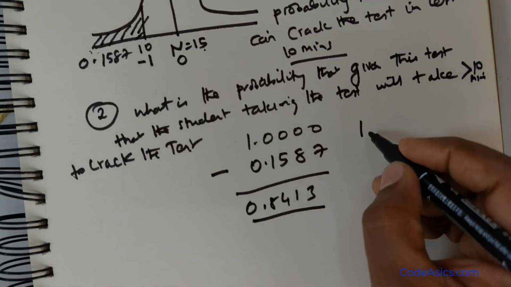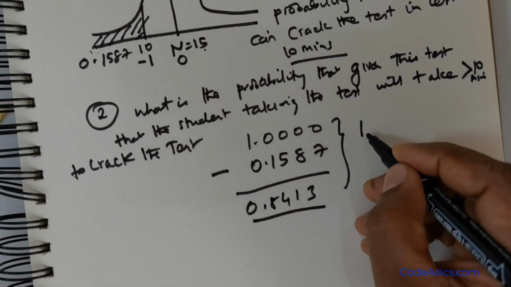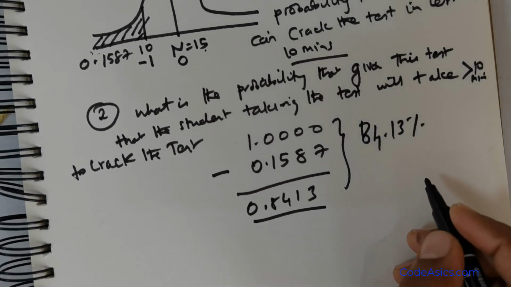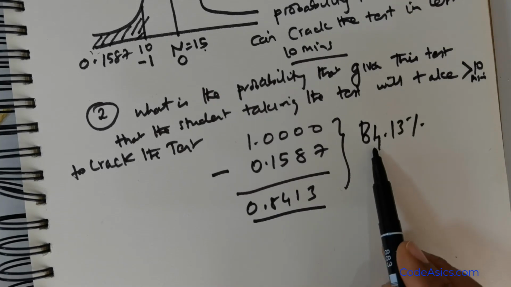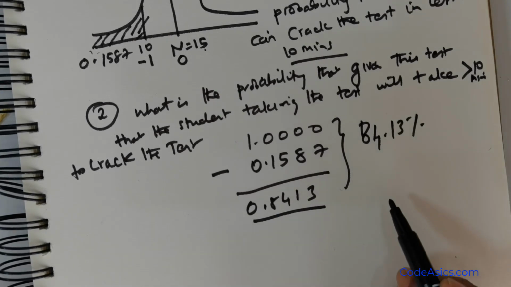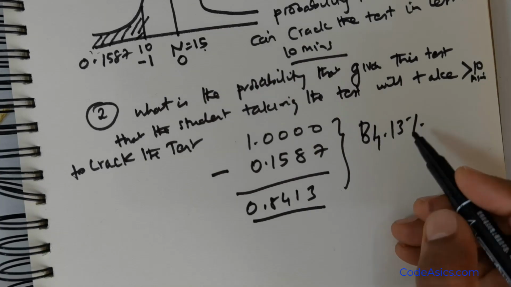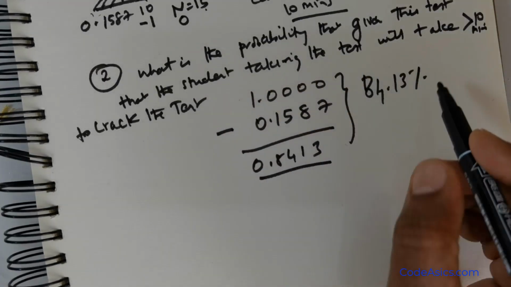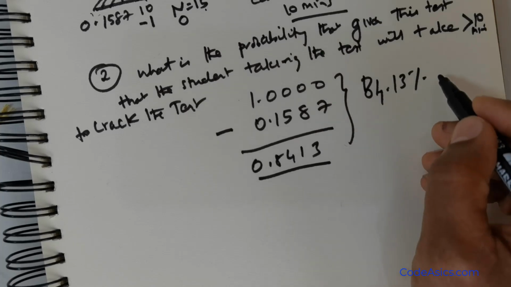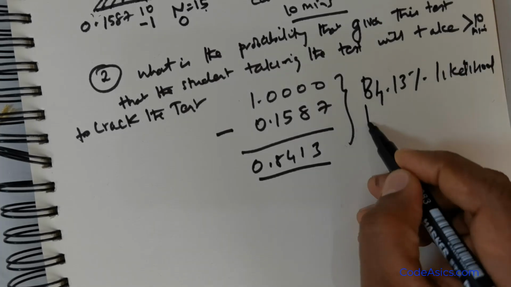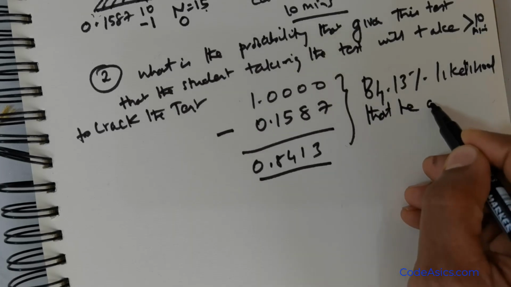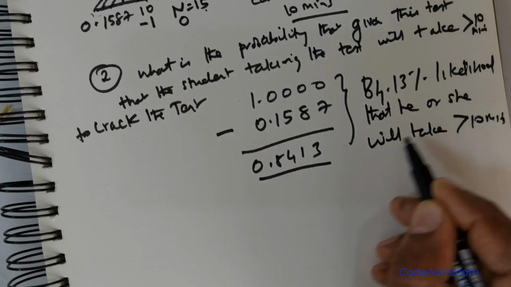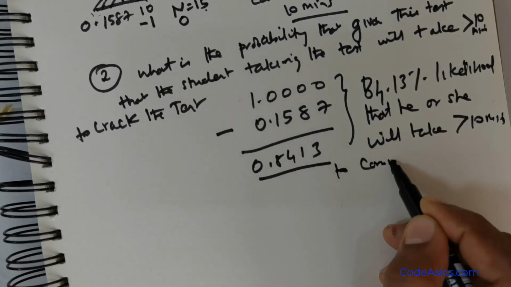In terms of percentage, it is 84.13%. You can just give an approximation or simply state this value. So if a student is given this test, there is approximately 84% likelihood that he will take greater than 10 minutes to complete the test.